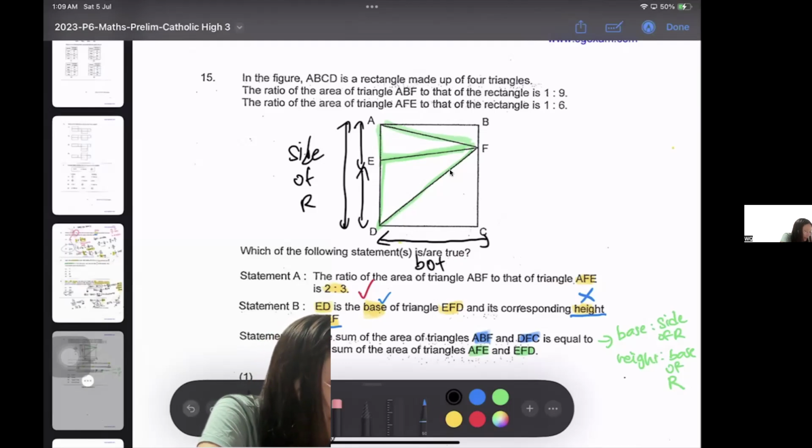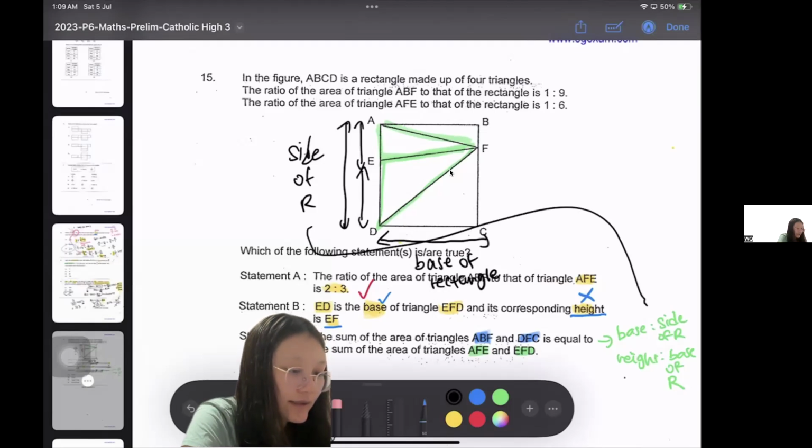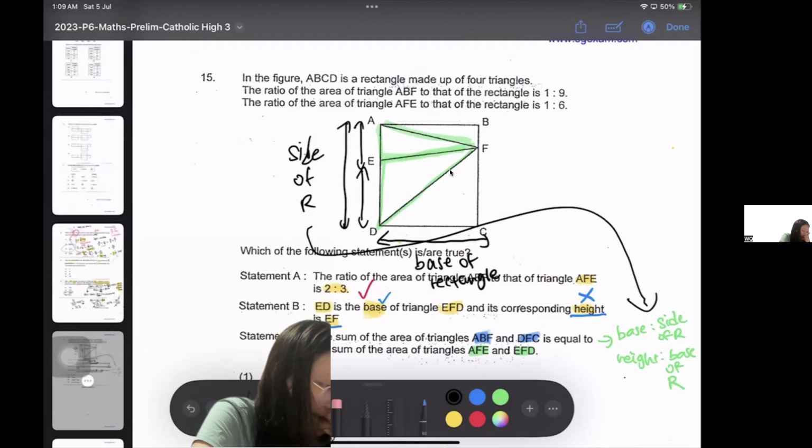Let's just write base of rectangle. Is it the same? The side of R? Yes. Base is the side of R, the side of the rectangle. The height of the triangles is the base of the rectangle. Both of them share the same base and the same height.